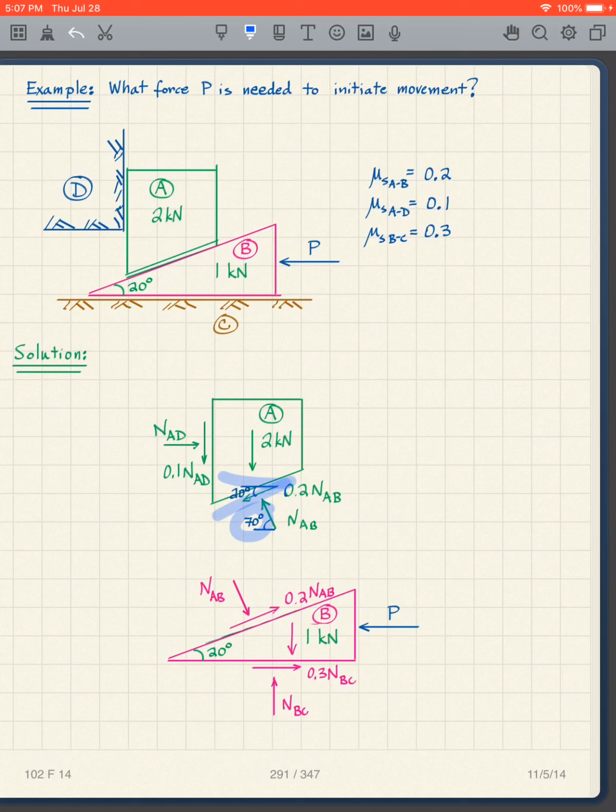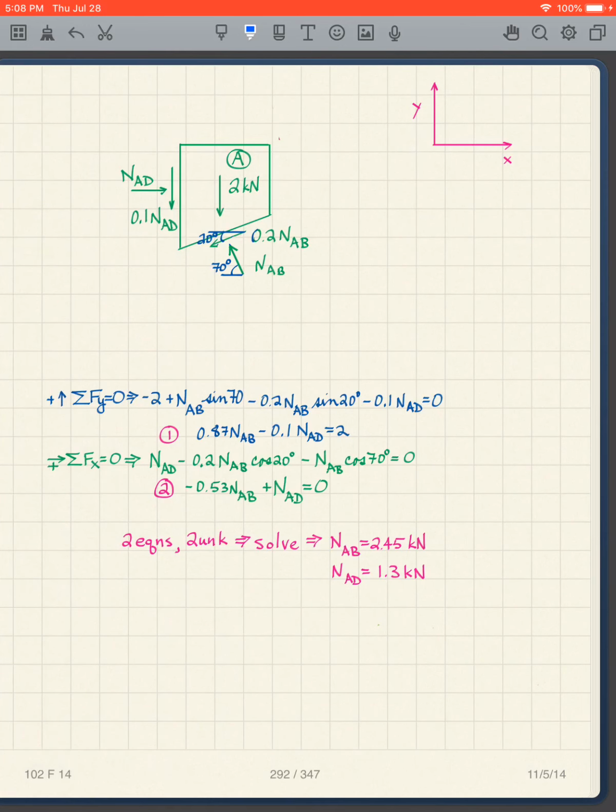So it's 70 degrees. So remember, all the angles are theta or 90 minus theta. So you can reason that out, why that is a 70 degrees there. So I look at this free body diagram, and notice I only have two unknowns here. I've got NAD and NAB, so I can solve this.